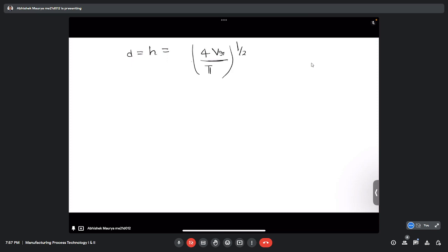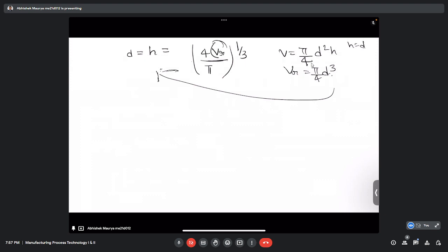So if you write like this, pi by 4 d square h, and if you substitute, since h and d are equal, we should get pi by 4 d cube. So if you try to calculate d, this relation will come, and now we know the volume of riser, and we will substitute that value here.